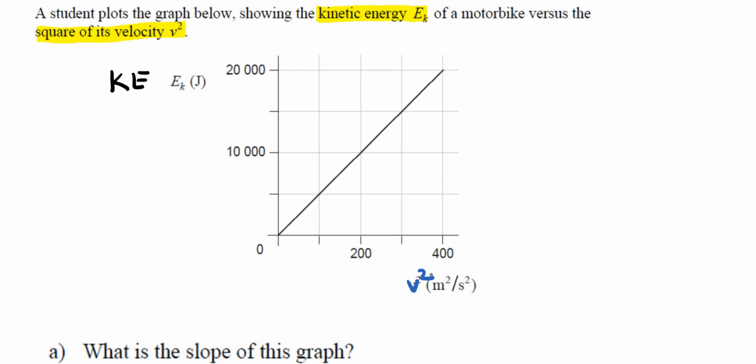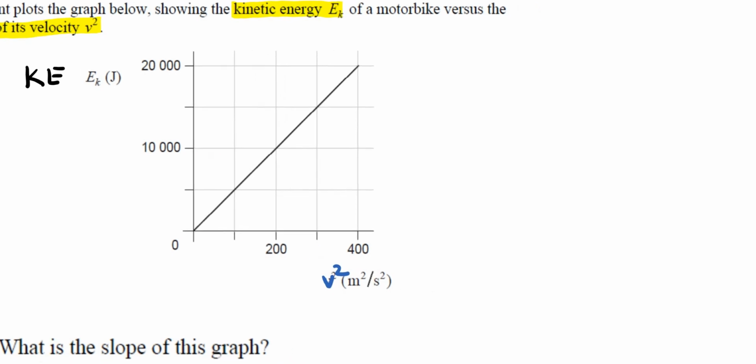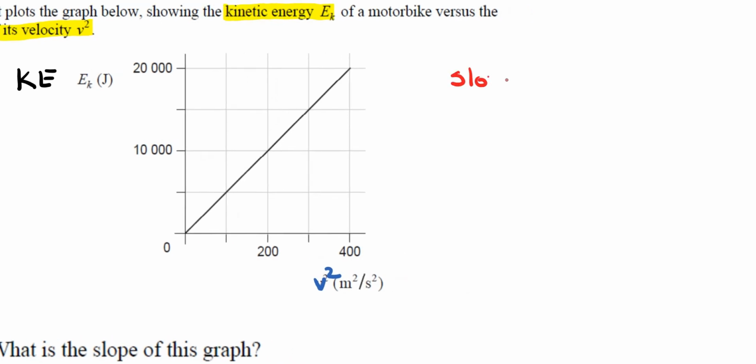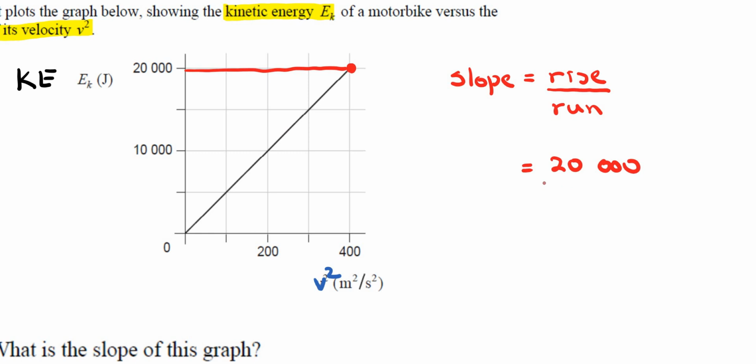So we've got to figure out what is the slope of this graph here. Okay, so we know that slope is equal to your rise over your run. And if I look at my rise here, the height here is 20,000 joules of energy divided by the run, and my run here is going to be 400.